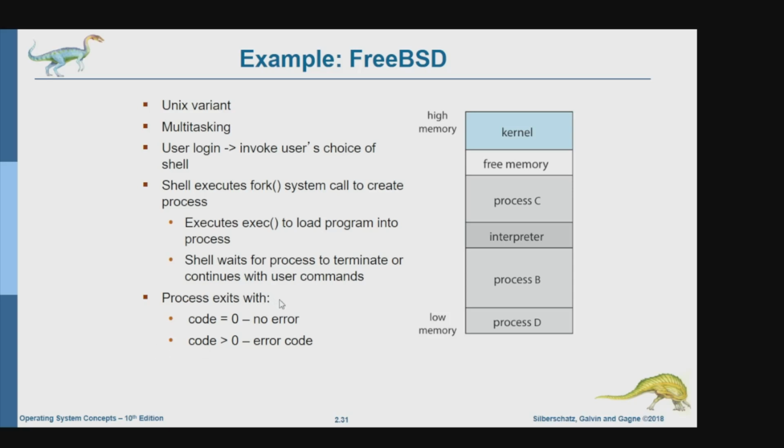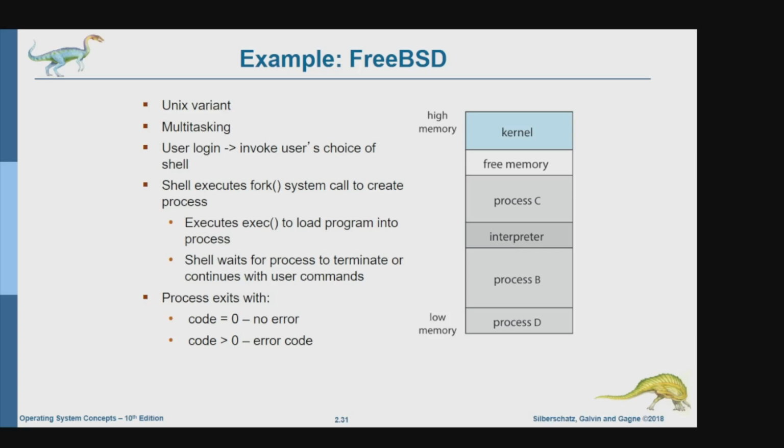And the process exits with code 0 meaning no error, and code more than 0 meaning it has an error. So it has low memory and high memory. At high memory, we have the kernel and the free memory space here. Process A, process B, process D, and then we have the interpreter.